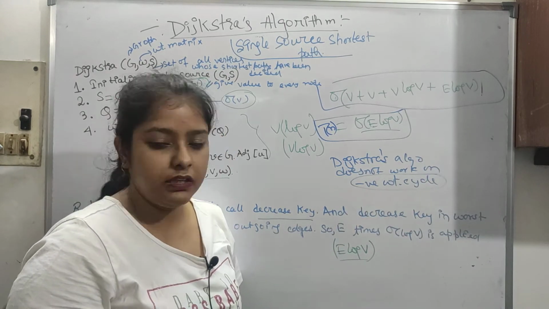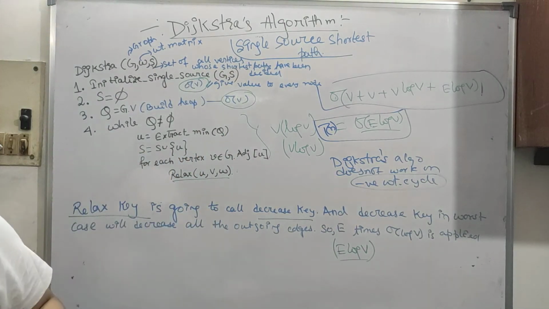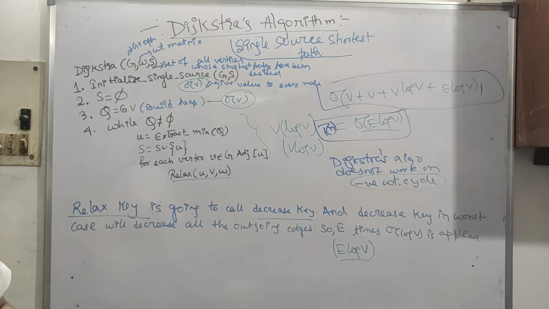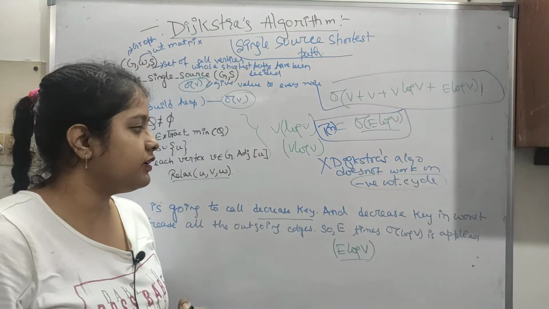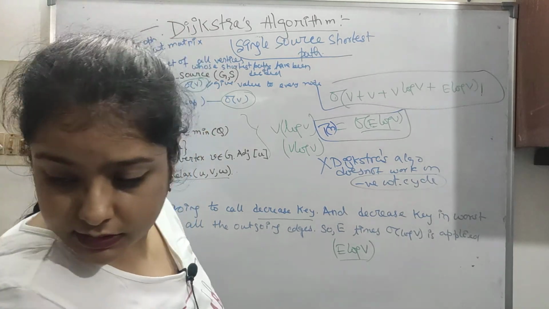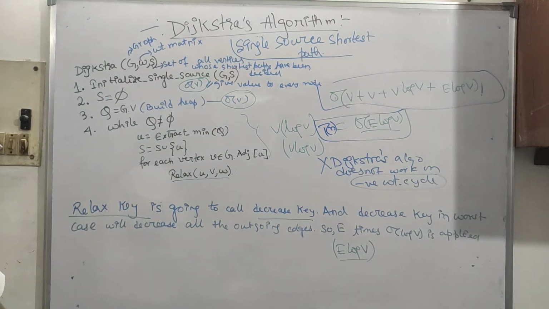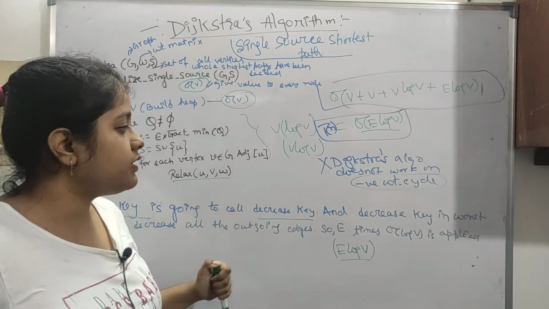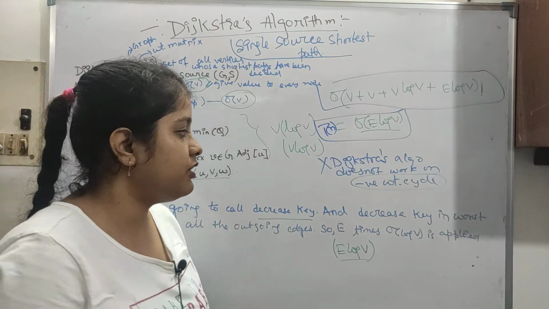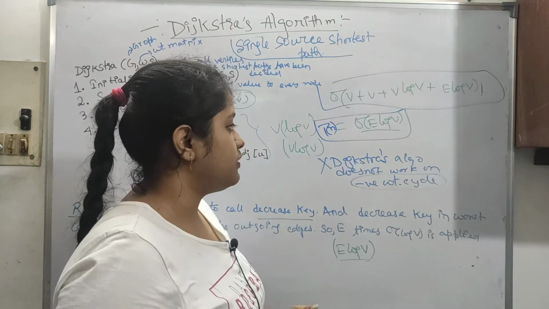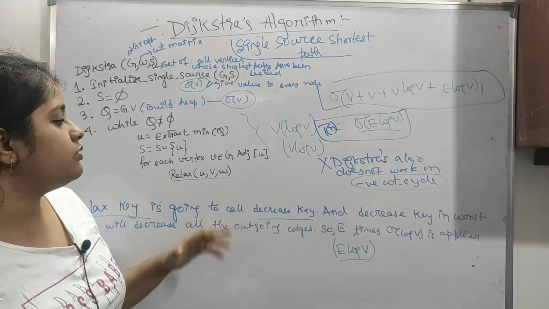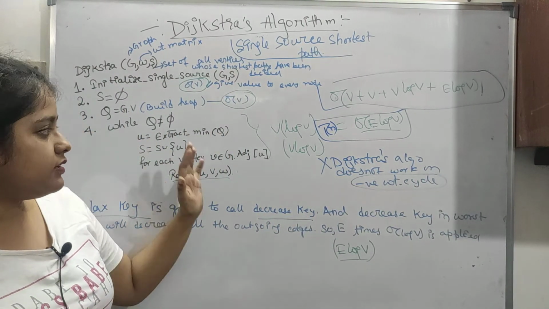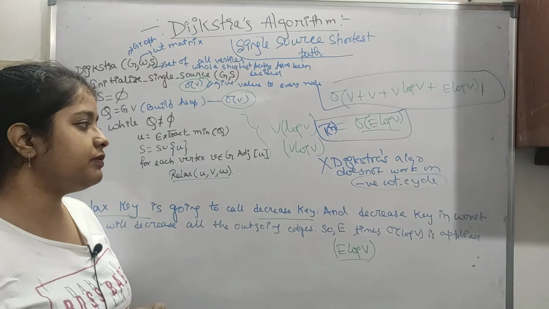It will go on and on in a loop. Negative weights alone will work. There is a GATE example: in 2008, a GATE question came where negative weight was given but not a cycle actually. We will do all the questions also. For now just one question and the example; we will do more in the PYQ section.